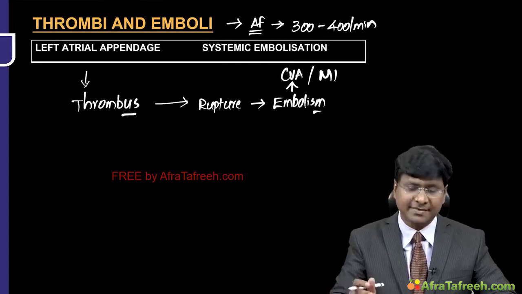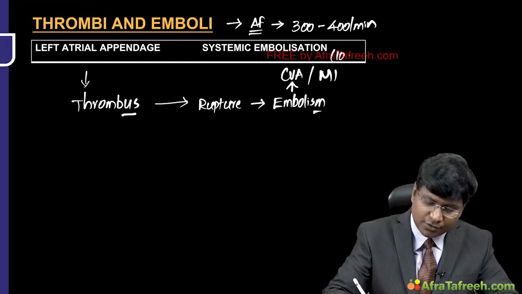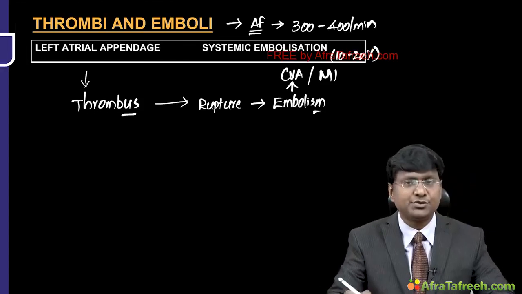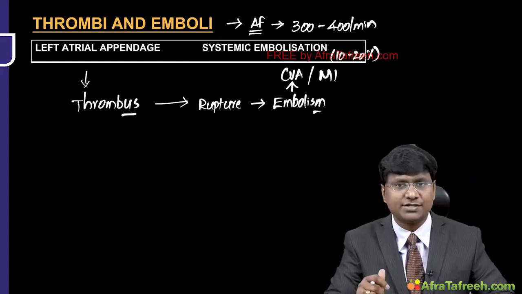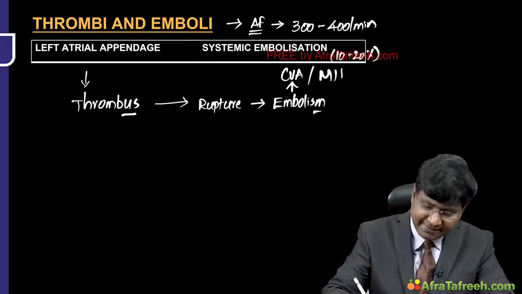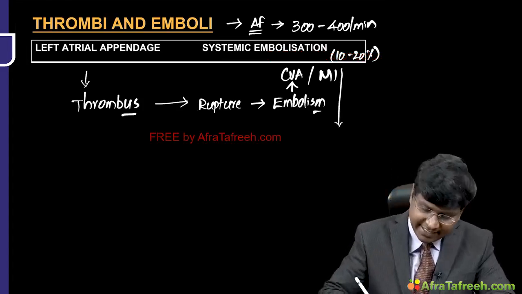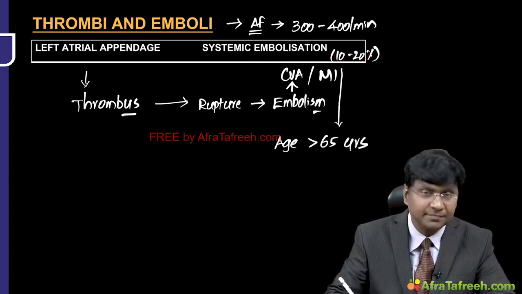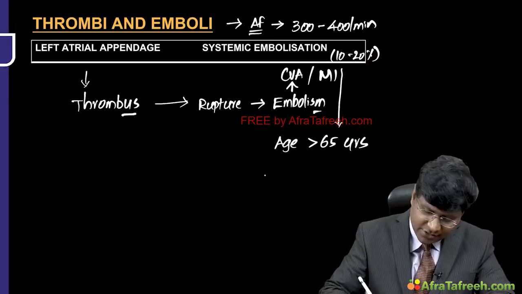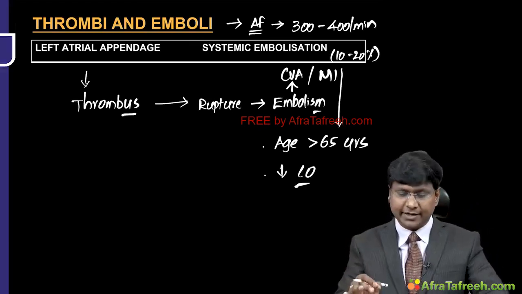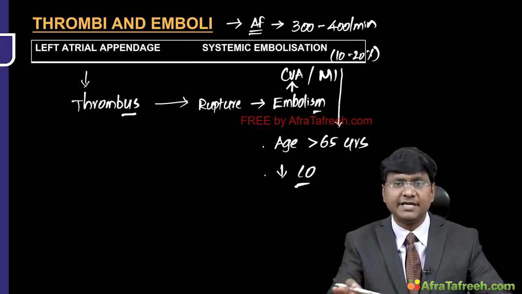Okay, and this systemic embolization is seen in almost 10 to 20% of patients with atrial fibrillation secondary to mitral stenosis. This is seen in individuals of age group more than 65 years, and those with reduced cardiac output are at high risk of systemic embolization.